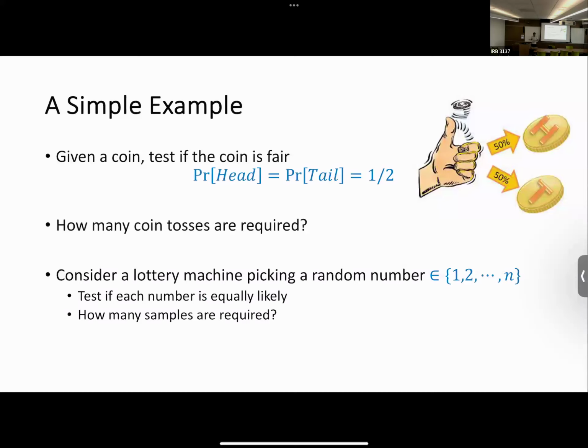A more general version is this: suppose you are given a lottery machine which picks random numbers from 1 to n, and you want to test whether each number is equally likely or not. How many samples are needed? If your lottery machine is biased, highly likely someone else can use that bias and get lots of money and cheat you.